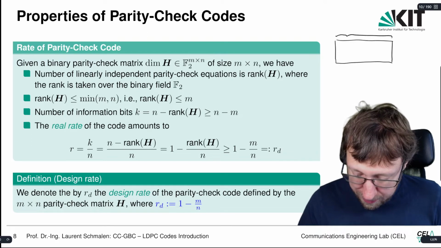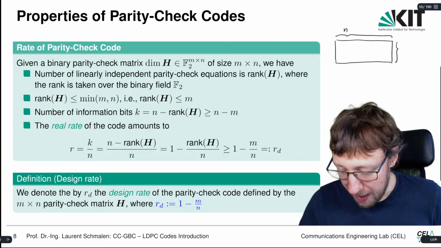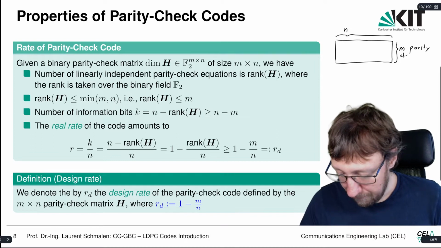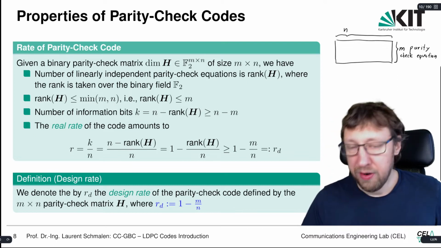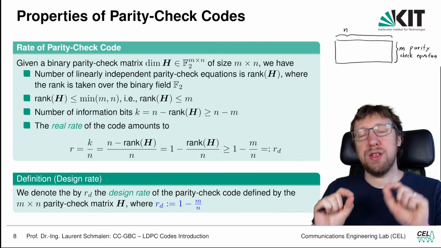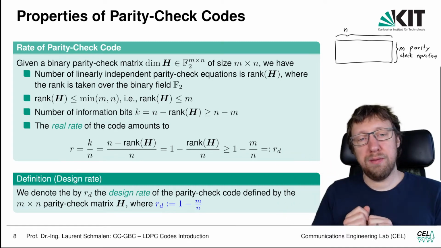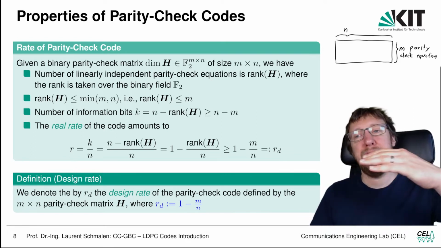We have n bits in our code word, and m parity-check equations, because each equation gives a constraint on a few bits in the code word, and we always have fewer equations than n.